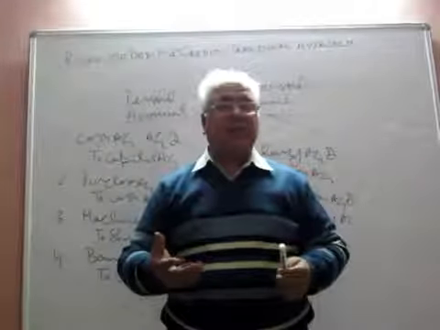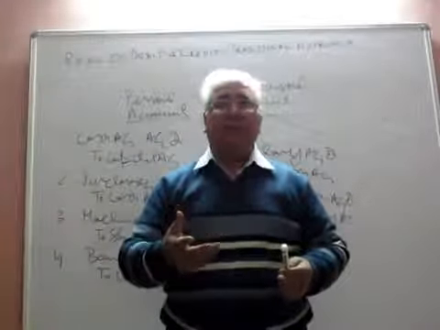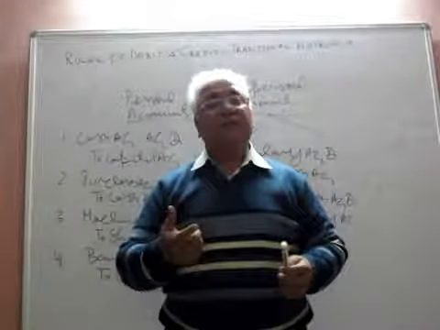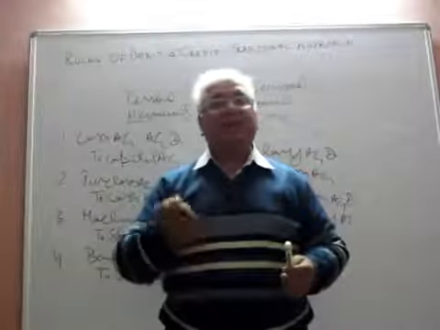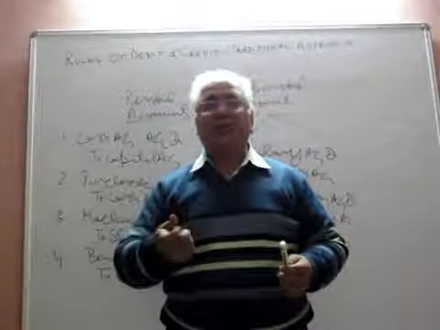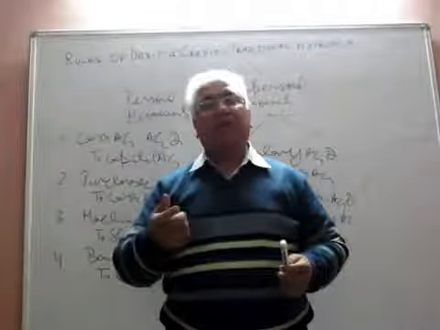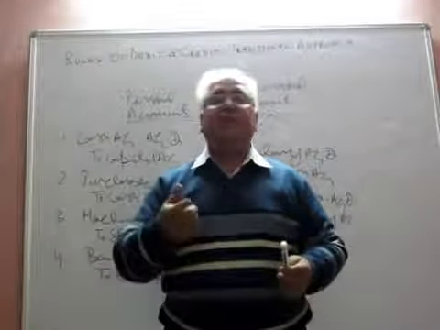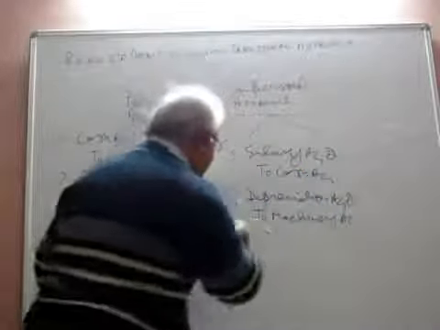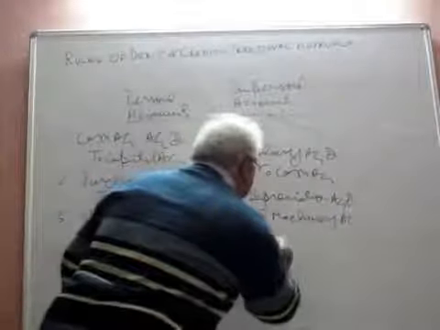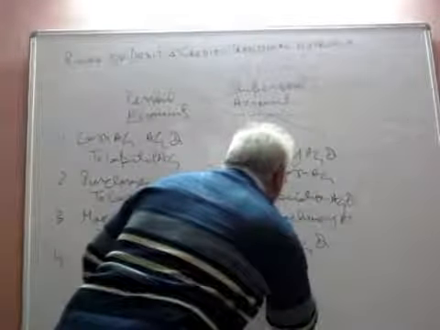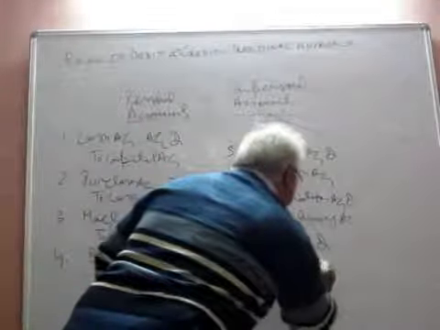Sales account is a nominal account, it's our income, hence the rule is debit all expenses and credit all incomes and gains. So sales account will be credited. Our journal entry in this case will be cash account debited to sales account.